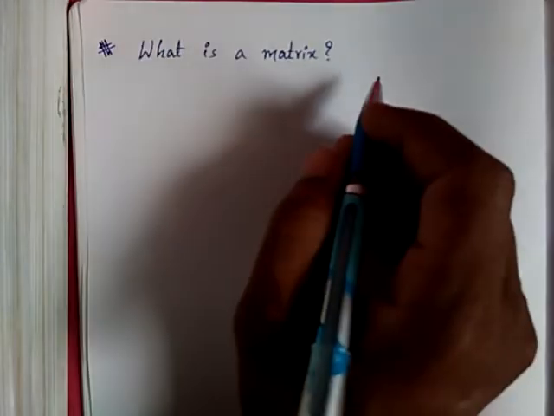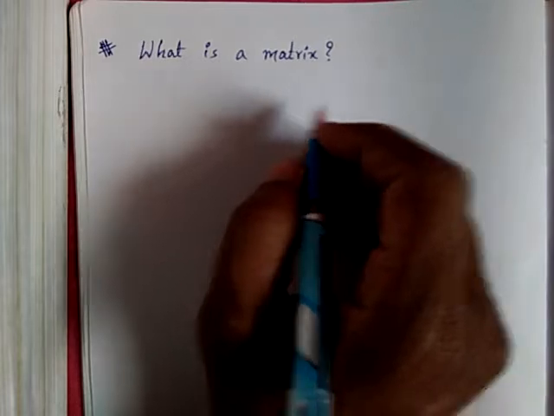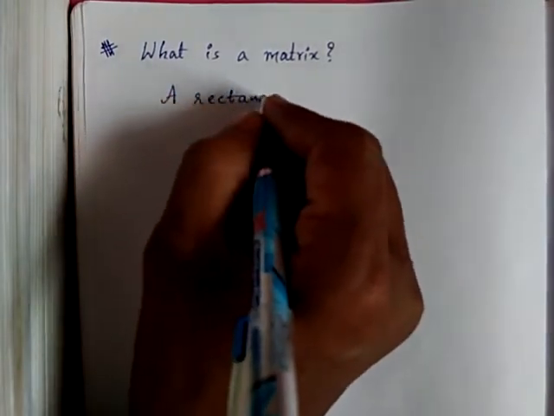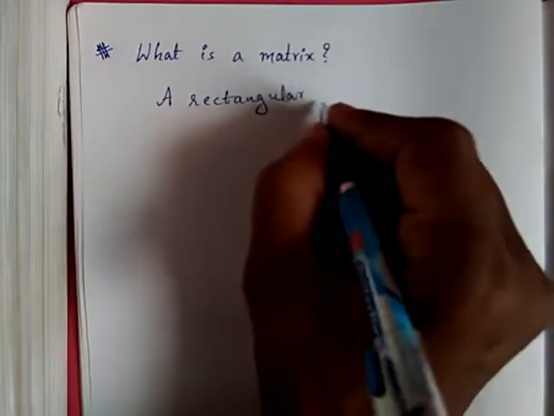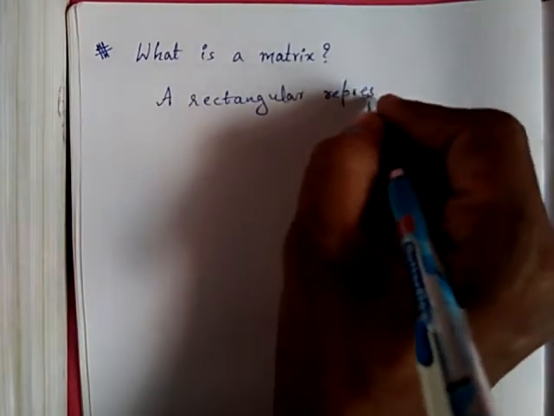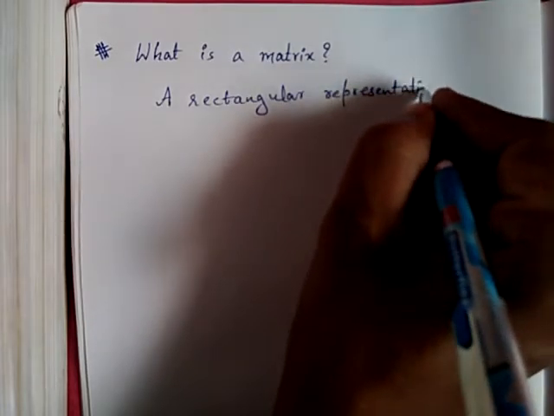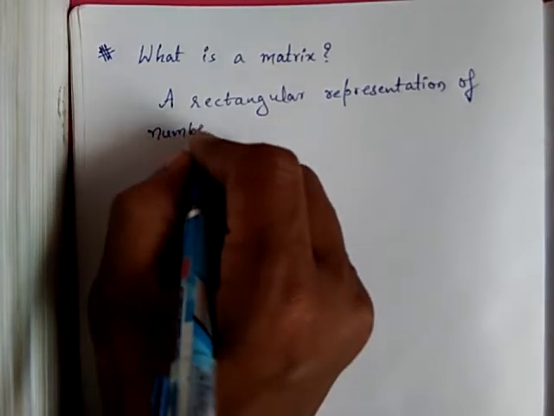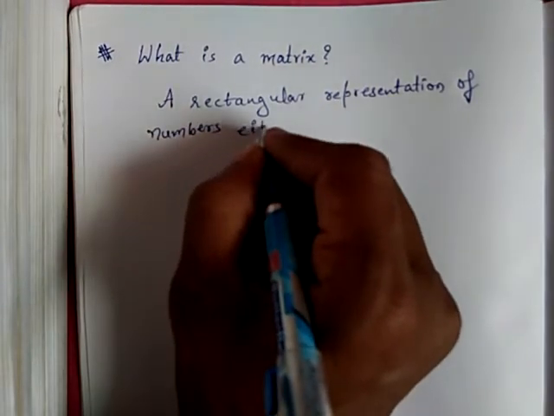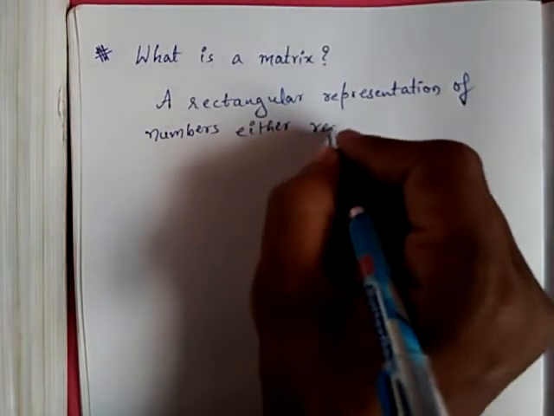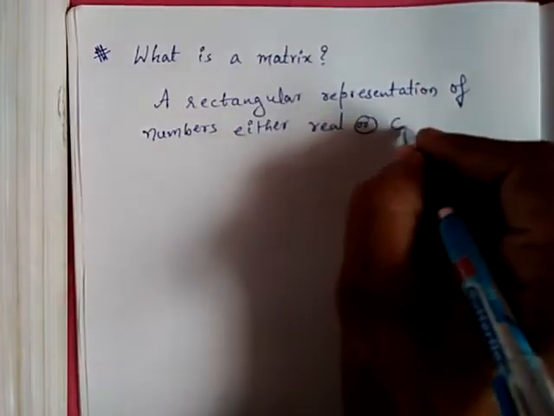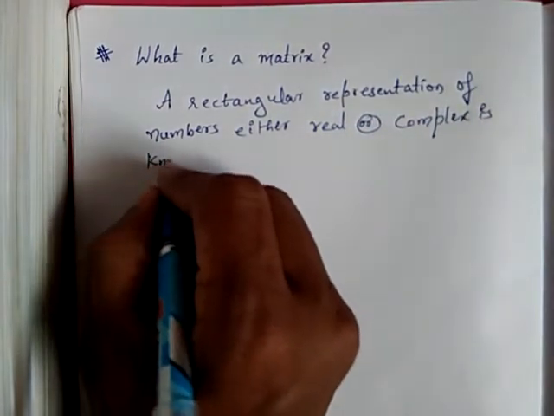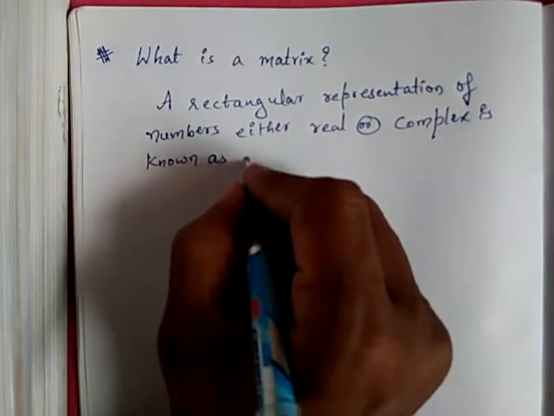Now we will study what is a matrix. Okay, so matrix can be defined like this: a rectangular representation of numbers, either real or complex, is known as matrix.